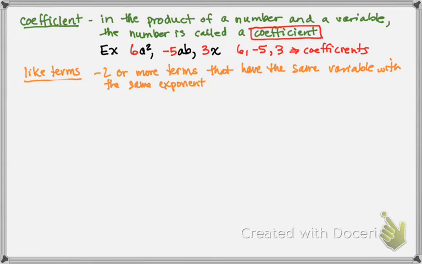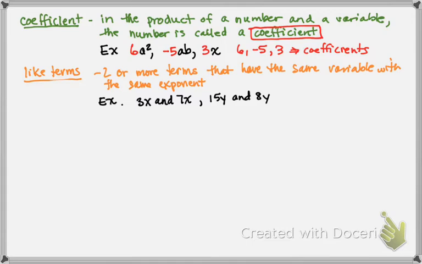Okay, so an example of like terms would be 3x and 7x, or 15y and 8y. Inside our foldable, we'll talk about things that are not like terms, okay?